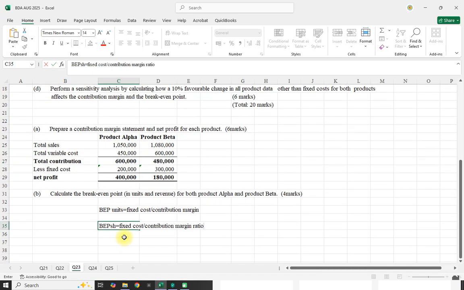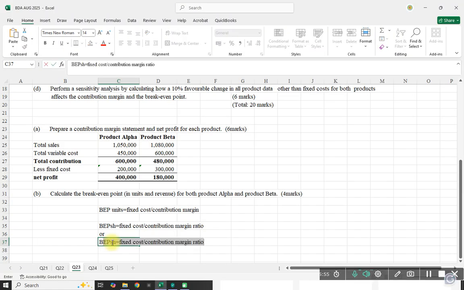Or we normally say here, BEP in shillings is equal to BEP in units multiplied by the selling price.